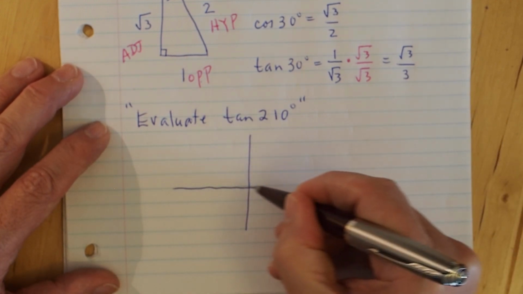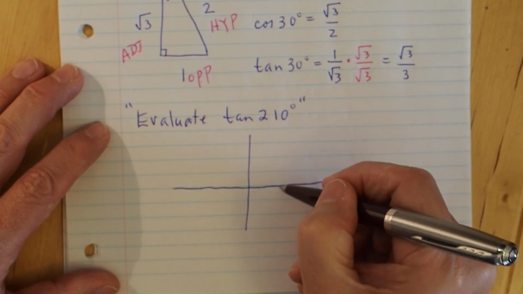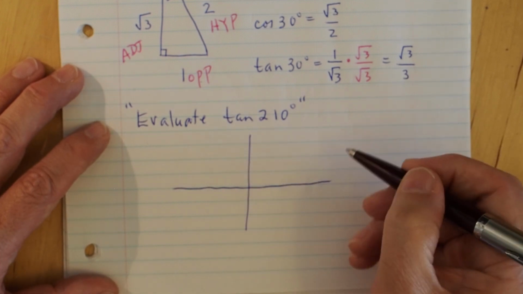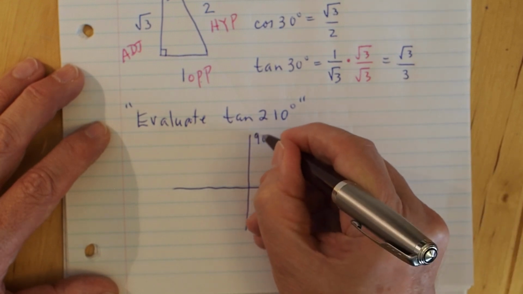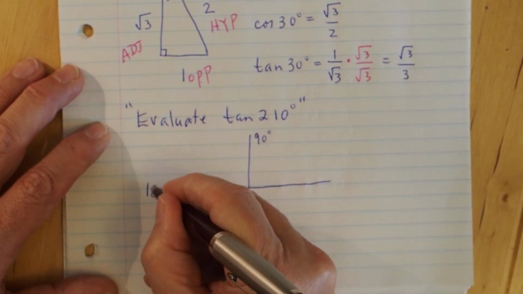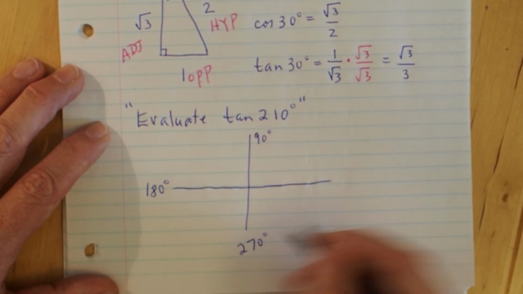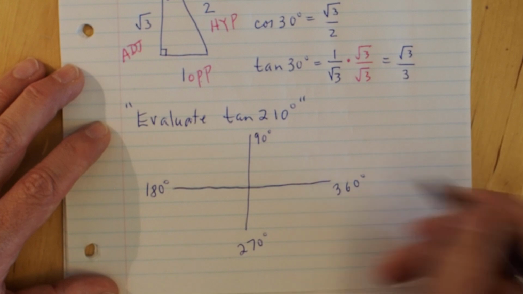If you're on the xy plane, you're measuring your angles counterclockwise from the positive portion of the x-axis. This would be 90 degrees. This would be 180 degrees. Adding another 90 degrees gives you 270 degrees, and finally 360 degrees.